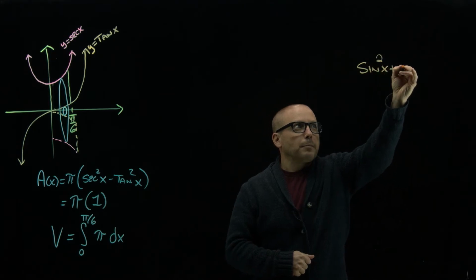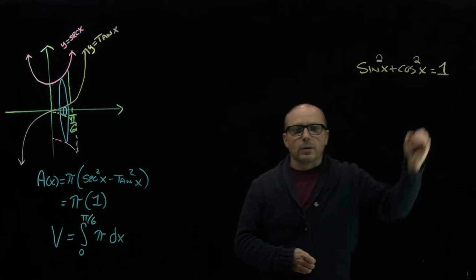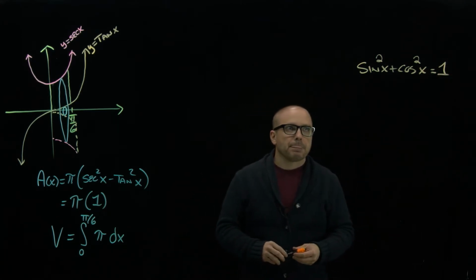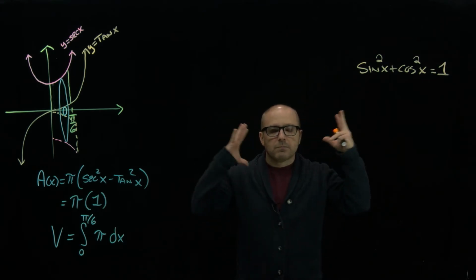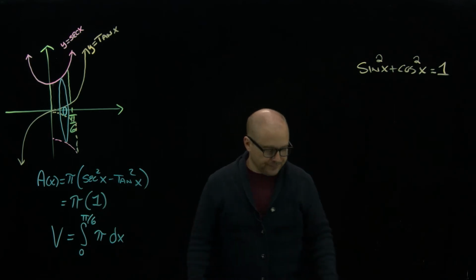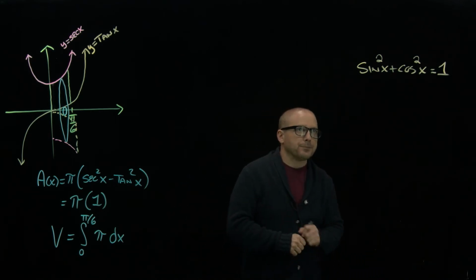So I just previously mentioned that we should all be comfortable with the Pythagorean identity. Sine squared plus cosine squared equals 1. So in our minds, we know that there's this connection between sine squared and cosine squared. That leads to two other versions of the Pythagorean identity.